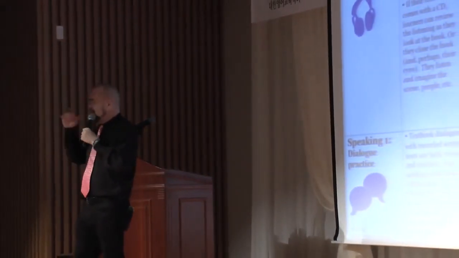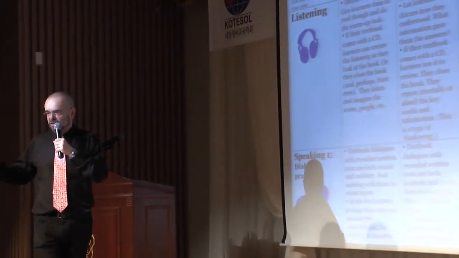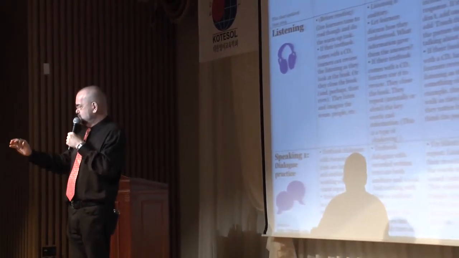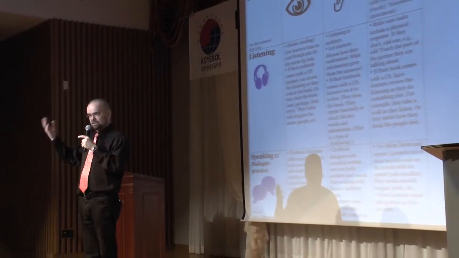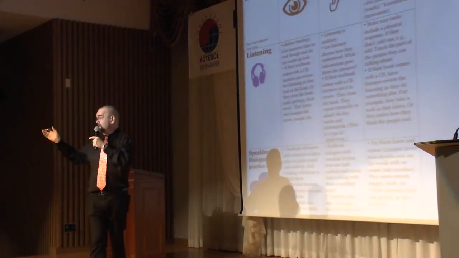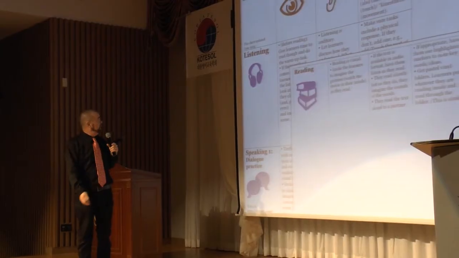Okay, adding the VAH. In your handout, I took the kinds of things we do as teachers. Listening, speaking. Speaking ranging from very controlled things like dialogues and drills to more open things like discussion.